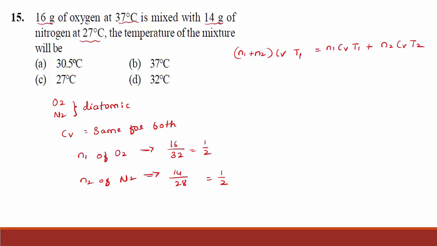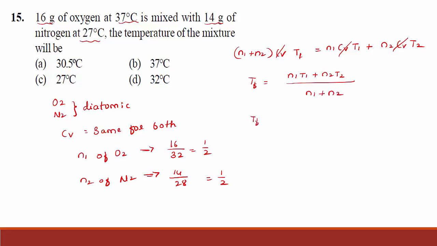This is the final temperature after mixture of O2 and N2. So we can write Tf equal to, here Cv will get cancelled, as in both the cases Cv is the same. So we get N1 T1 plus N2 T2 divided by N1 plus N2.